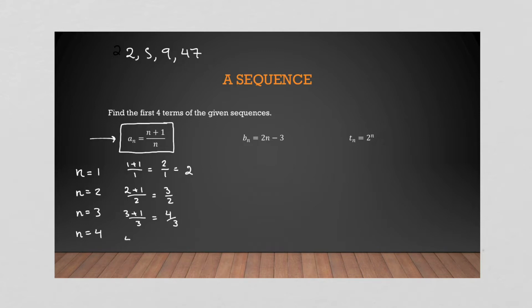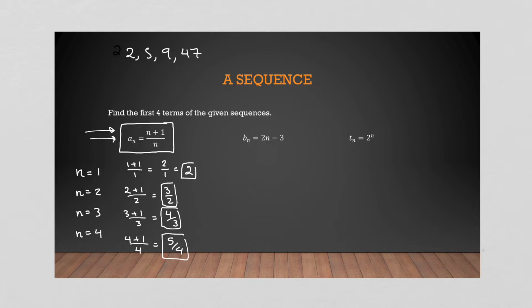And then 4 plus 1 over 4 equals 5 over 4. So there are my first 4 terms, 2, 1.5, 1 1/3, 1 1/4. So I have created a list that demonstrates that sequence.